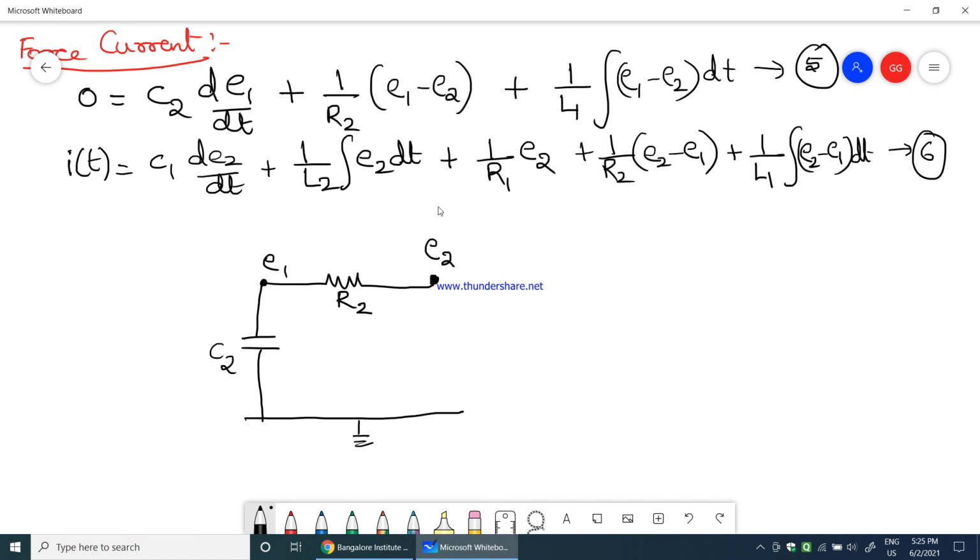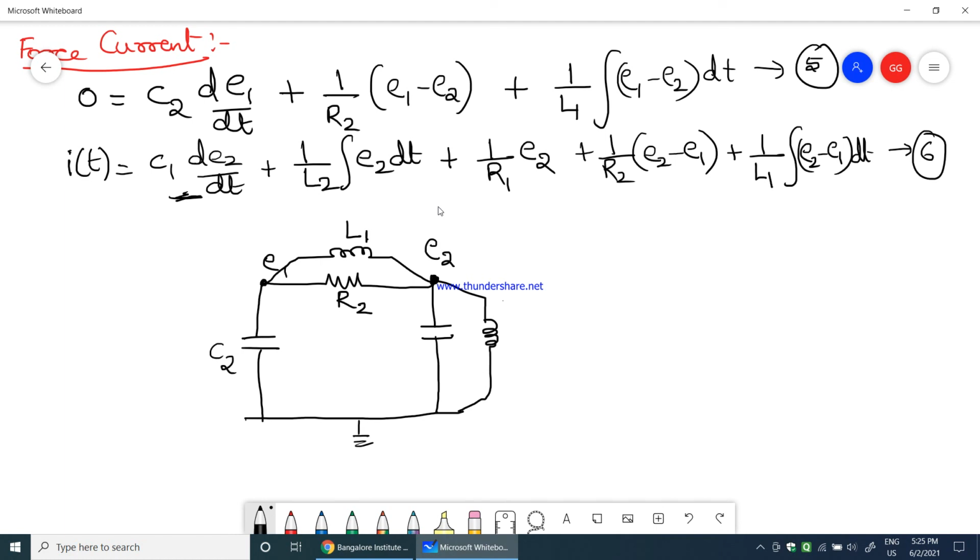I will have an inductor which is again connected between E1 and E2, which is L1. Now I have C1 which is connected only to E2, therefore I will have C1 connected between E2 and ground. I have L2 which is again connected only from E2, therefore I will have an inductor connected between E2 and ground.